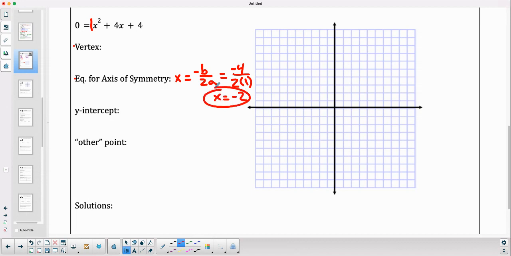So what that is, our dotted line, cuts the parabola in half. What we need to do with that -2 is plug that in to find the vertex. So the vertex is at -2 comma something.